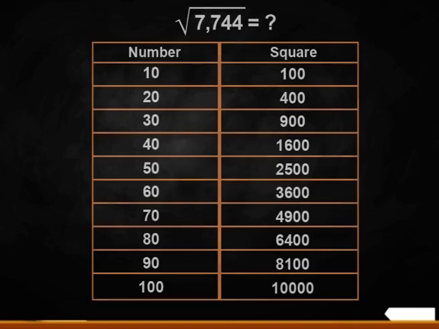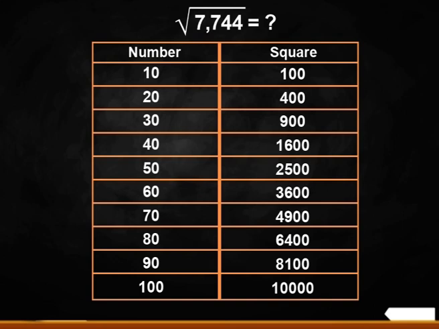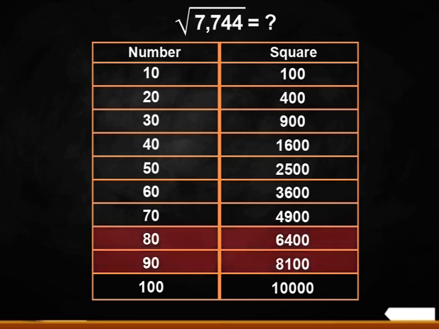From the first step, we know that the square root ends with either 2 or 8. From the second step, we know that the square root lies between 80 and 90.